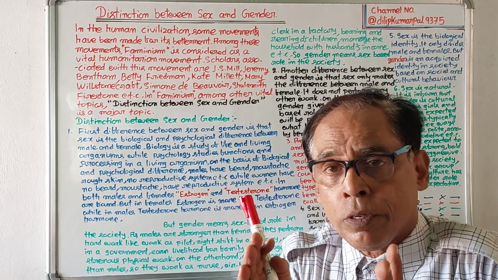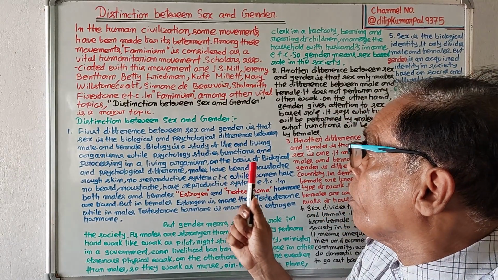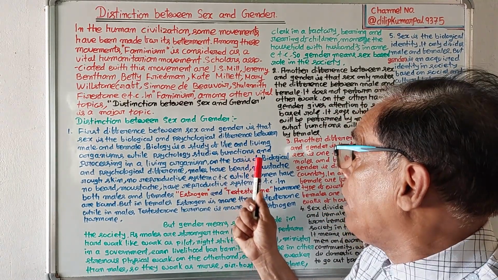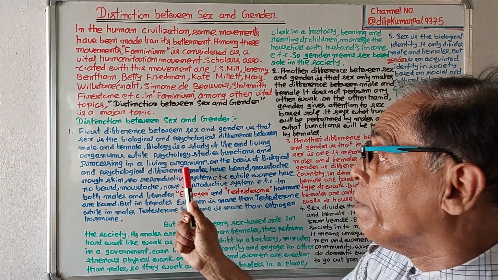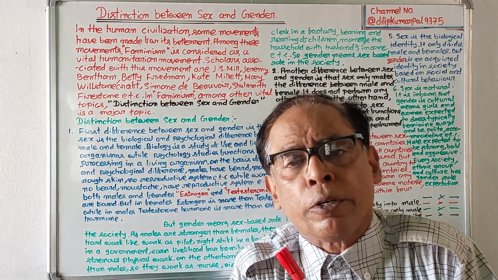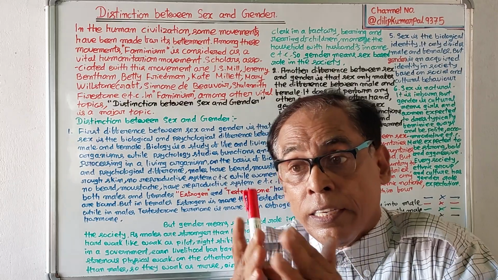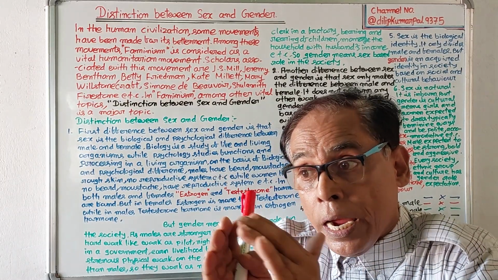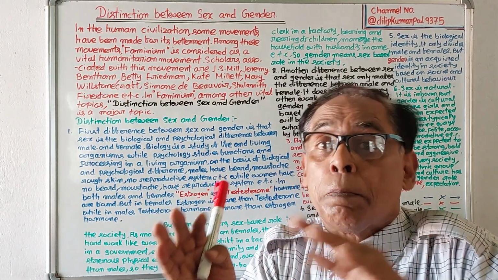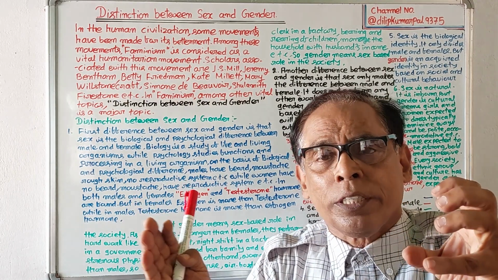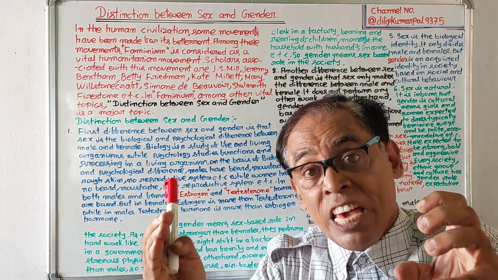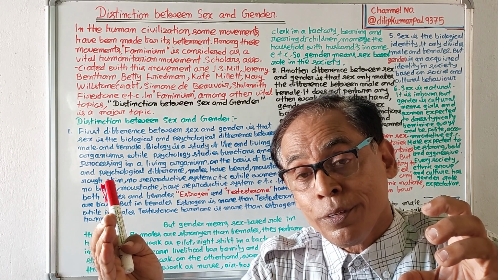It studies functions and processes in a living organism. So the first difference between sex and gender is that sex is the biological and physiological difference between male and female.